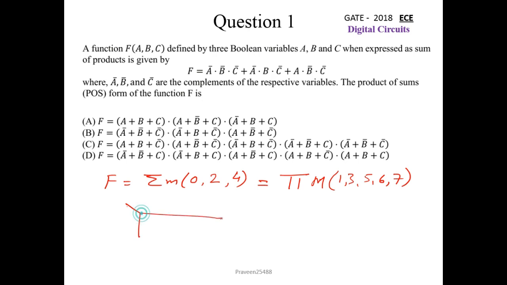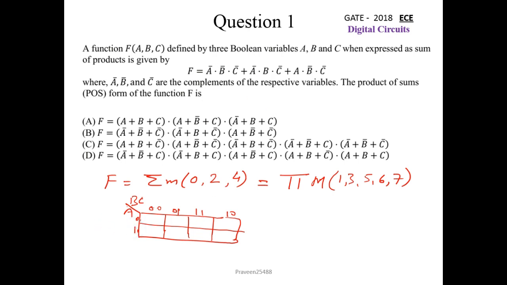So here I will draw the three variable K-map first. So here assume this is for A and this is for B, C. So this is 00 01 11 10, and this is for 0 and 1.